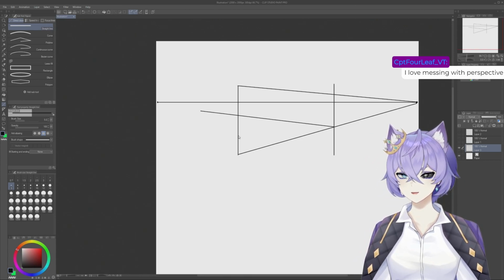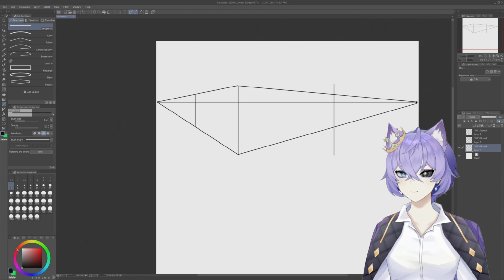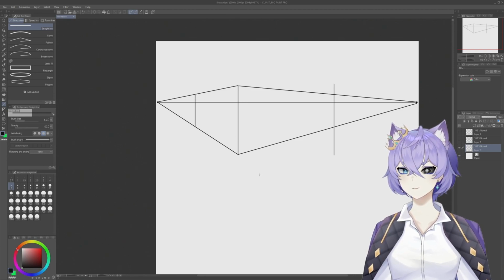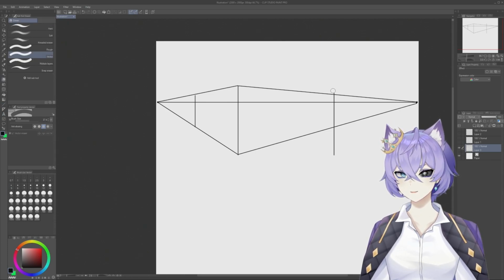It is throwing off my brain right now in ways I did not anticipate. And that would leave us with essentially this weird ass box.